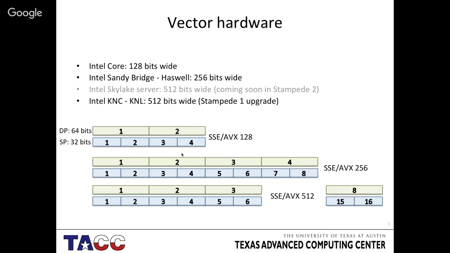And so the evolution in terms of the instruction set on the systems was SSE, or AVX128. In this case, in the AVX256, the registers are 256-bit. And then for AVX512, which will hold up to 8 double precision numbers.